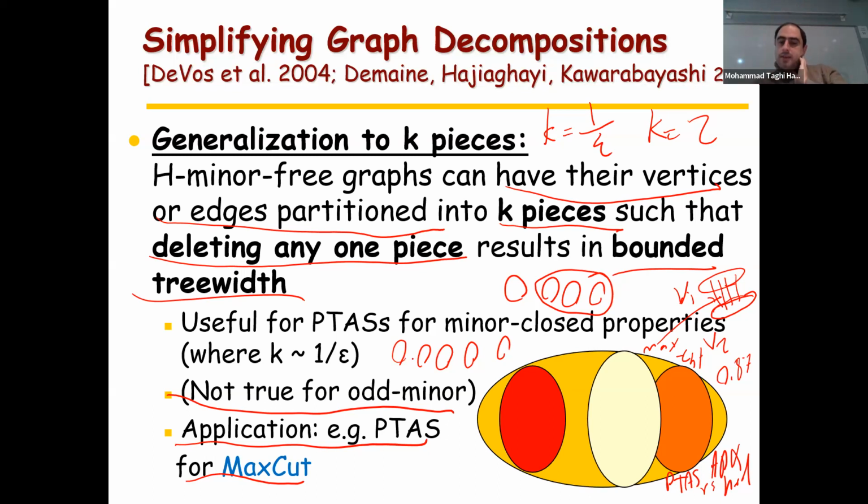We know that in one of these K sets that I have, and these are edge sets, K edge sets, in one of K sets, I have at most 1 over K of opt.